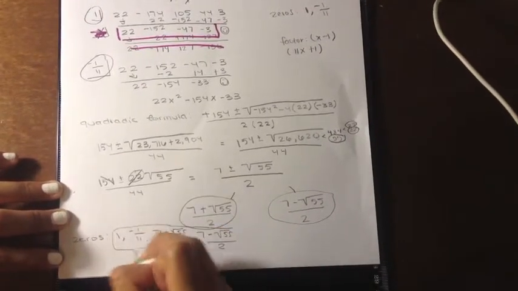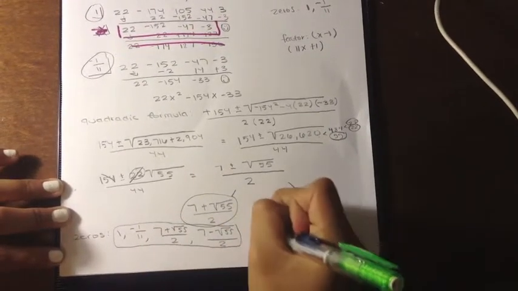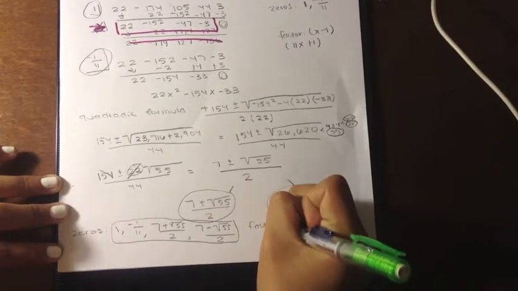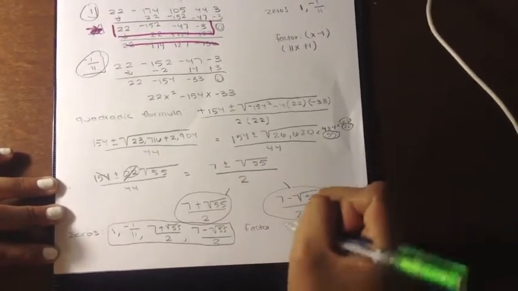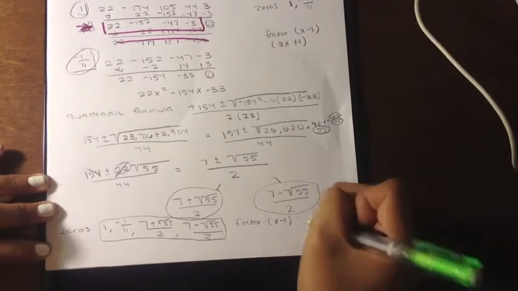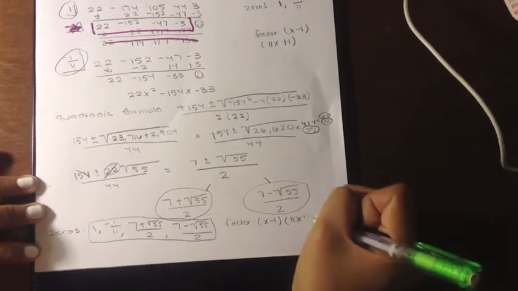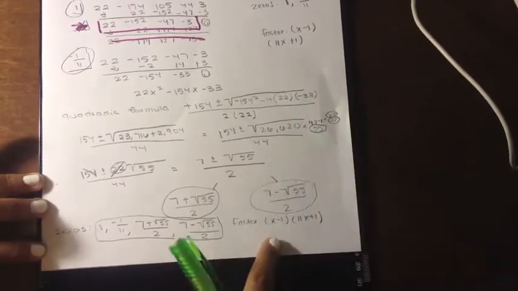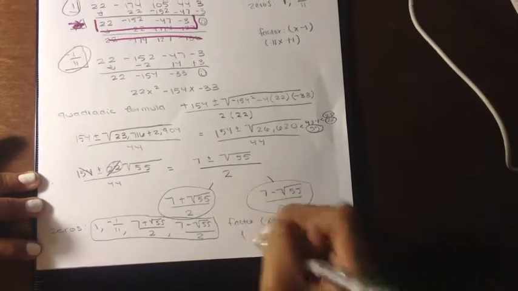Those are 4 zeros. And then when we factor it, we have x minus 1, 11x plus 1, and we can do two things with this.